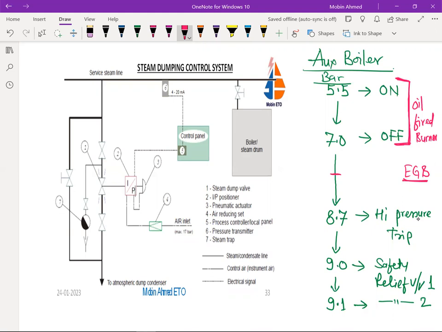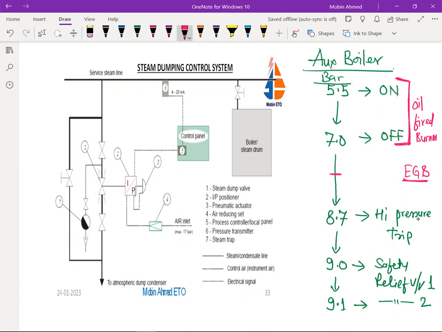So the dumping valve setting, because it should not go to the 8.7 high pressure trip. Boiler should not trip on the high pressure, and our oil fire burner also should not start, because if it is dropping and coming to 5.5, it will start automatically.